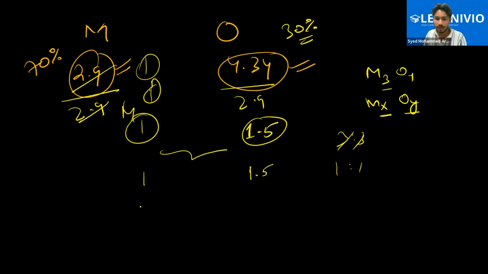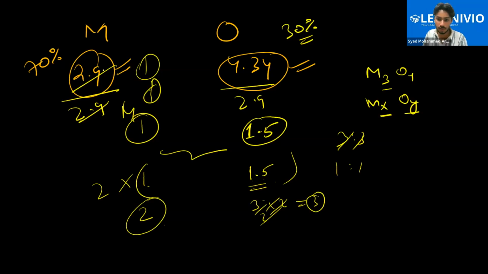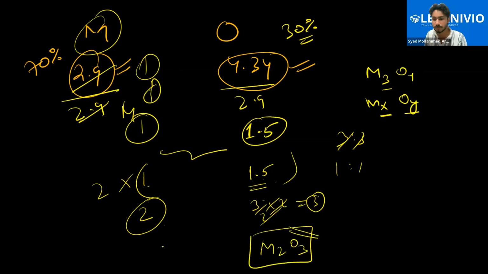I just need to multiply this by 2. If I multiply this whole by 2, it will convert into a whole number. Like 2 multiplied by 1.5, which is 3 by 2 multiplied by 2, it will be equal to 3. So this is my number of atoms of my metal, M2O3. This is my final answer.